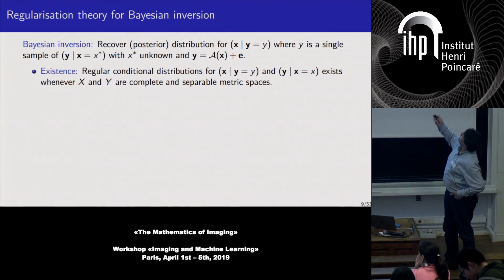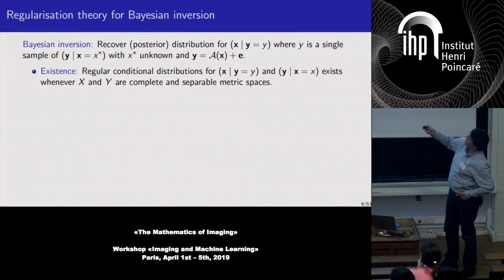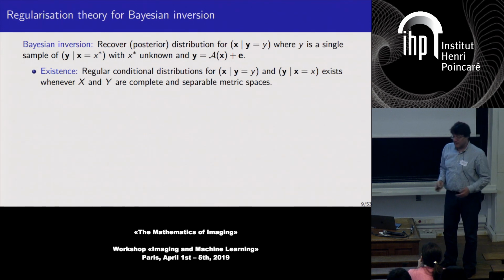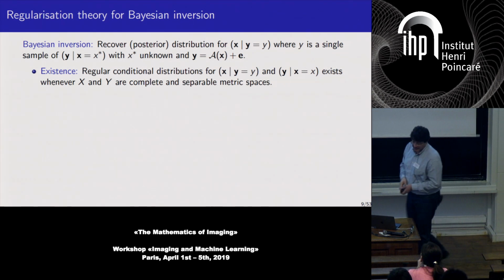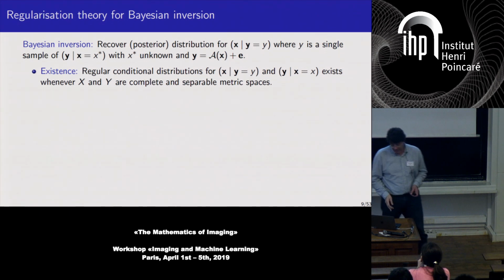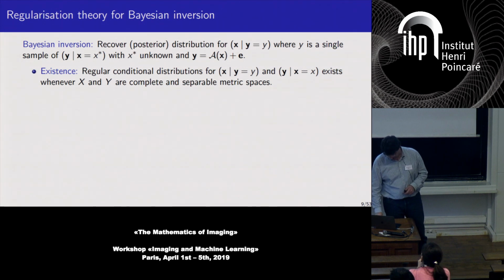So we have this conditional random variable where the data is a sample of this conditional random variable, where the image is the ground truth image, but you don't know that ground truth image. And then you ask yourself about existence. That essentially means that these conditional distributions exist. And the good news is that they actually do exist under rather weak conditions. So this is not a big issue.